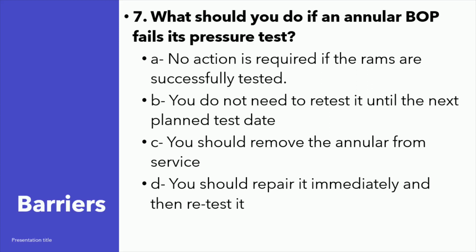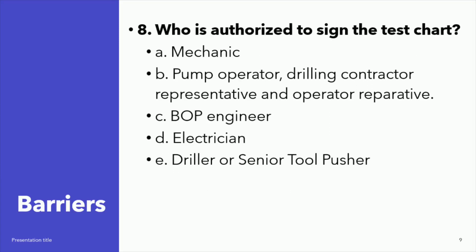The correct answer is D. 8. Who is authorized to sign the test chart? A. Mechanic. B. Pump operator, drilling contractor representative and operator representative. C. BOP engineer. D. Electrician. E. Driller or senior tool pusher. The correct answer is B.